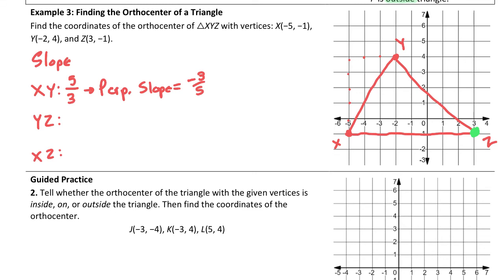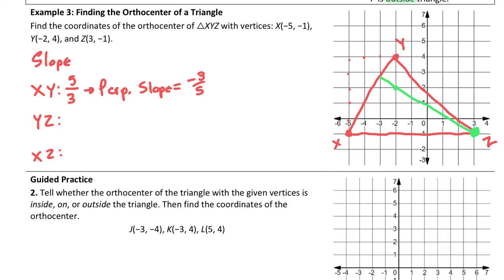So technically I would go up 1, 2, 3, left 1, 2, 3, 4, 5. So that is my altitude going through that point. Okay? So it's counting that slope. So that was a little tricky. So I'll help with that with YZ.